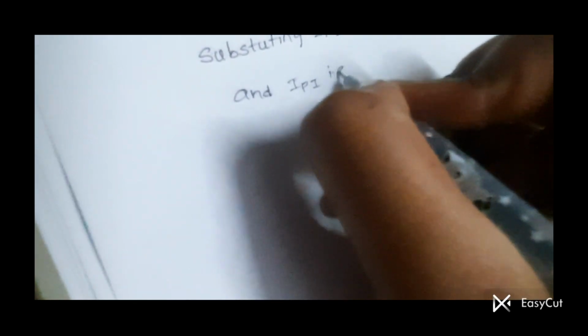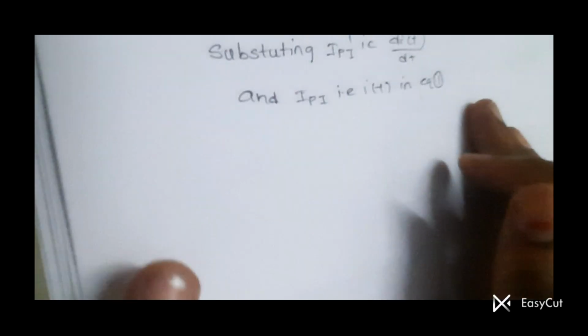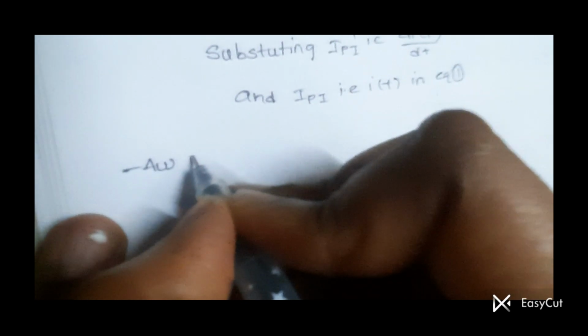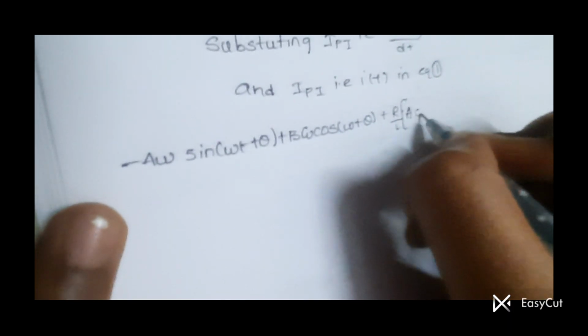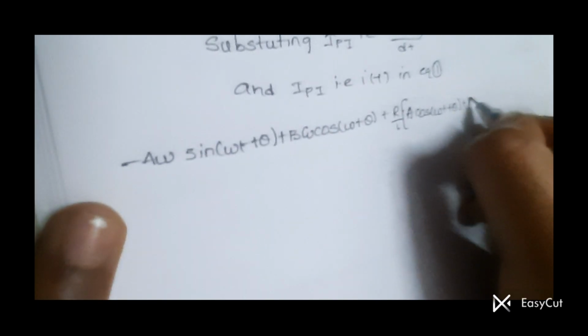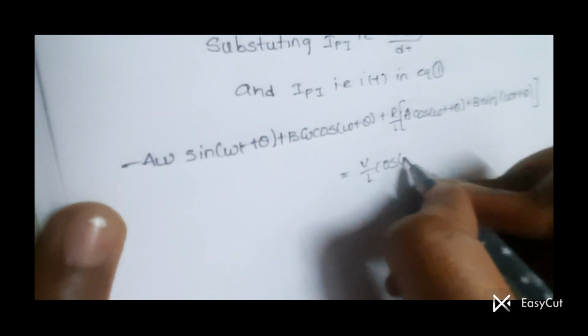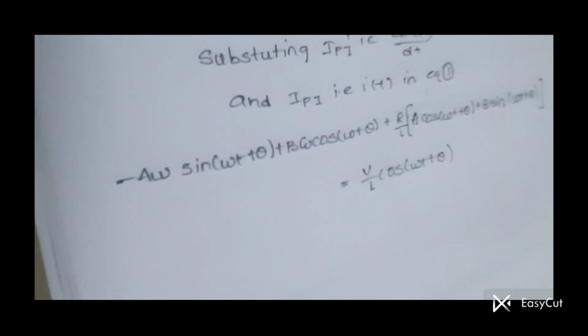Now substituting IPI dash, that is di of t by dt, and IPI, that is i of t, in equation 1, we get minus A omega sin of omega t plus theta plus B omega cos of omega t plus theta plus R by L into A cos of omega t plus theta plus B sin of omega t plus theta, and this equals V by L into cos of omega t plus theta.